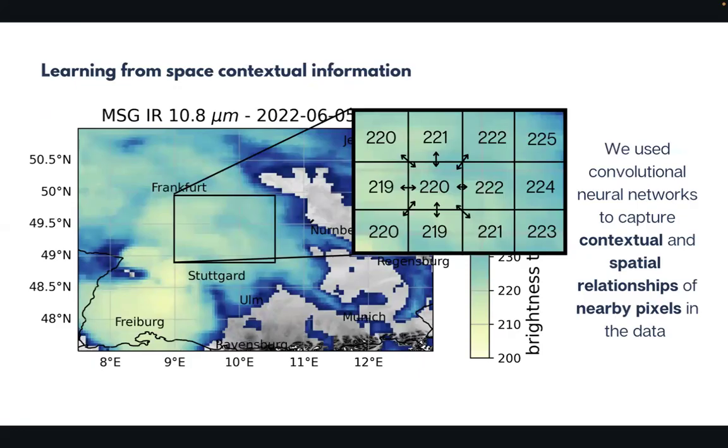Geophysical data, and in particular meteorological data, do show relationships between nearby pixels that are contextual and spatial. We don't have discontinuous random fields. We have continuous or slowly varying fields, as you can see in this image. So the context of the nearby pixels is what we want to learn.